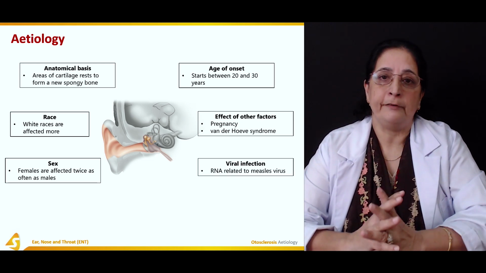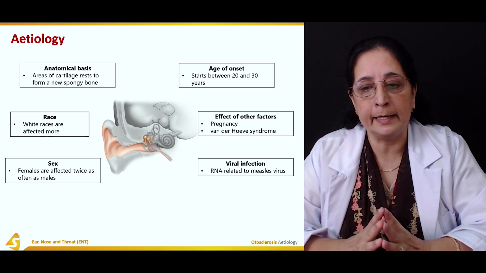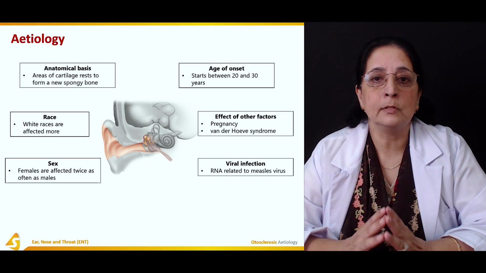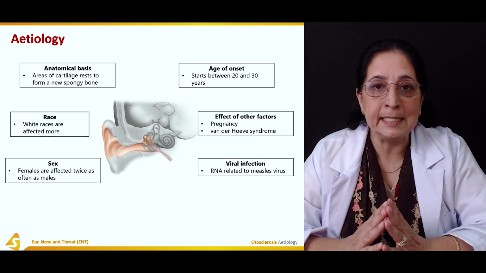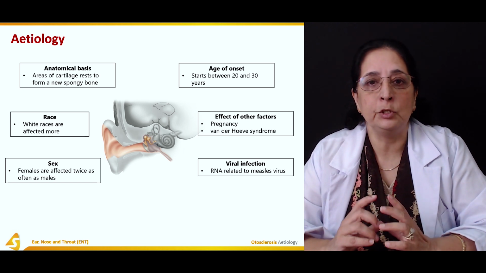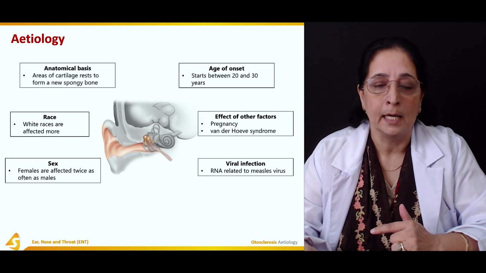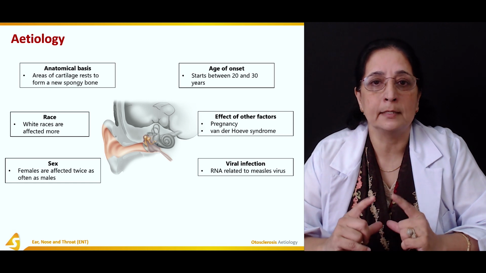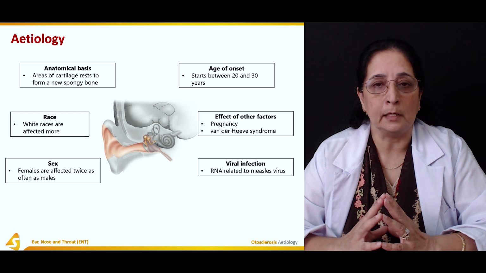Then viral infections, especially the RNA virus related to measles. So otosclerosis is also common in patients who have measles, because this virus is an RNA virus. So the RNA-related virus of measles is associated with otosclerosis.